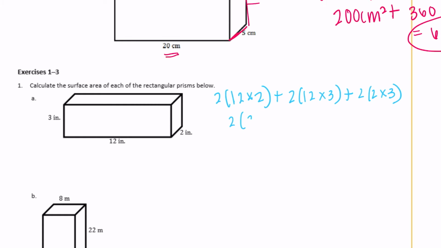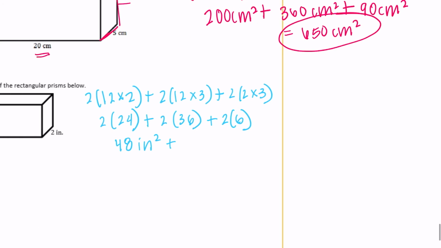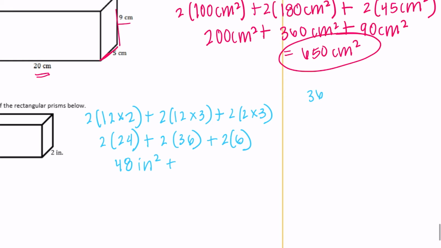So 2 times 24, plus 2 times 12 times 3 is 36, plus 2 times 3 is 6. So we have 48 inches squared, plus 2 times 36, I think that's 72. But let's check. Yep, 72 inches squared, plus 12 inches squared.